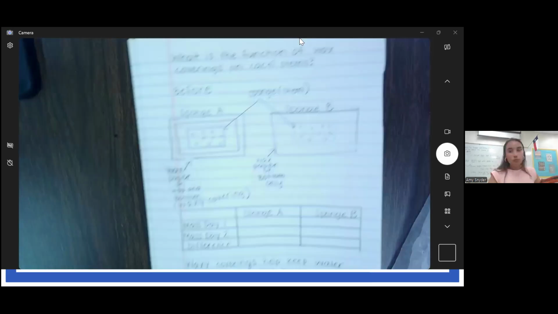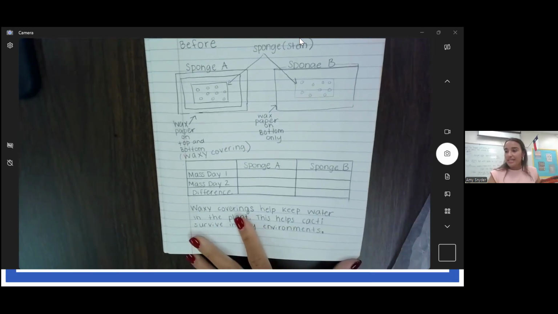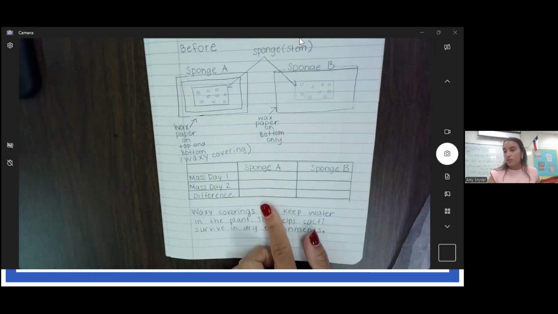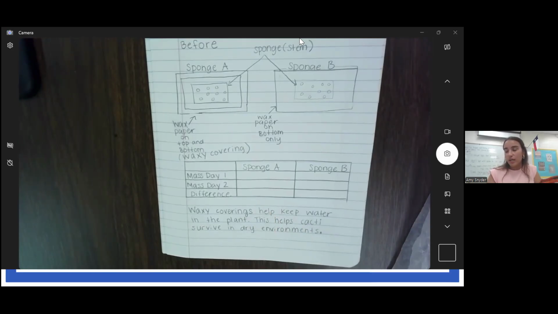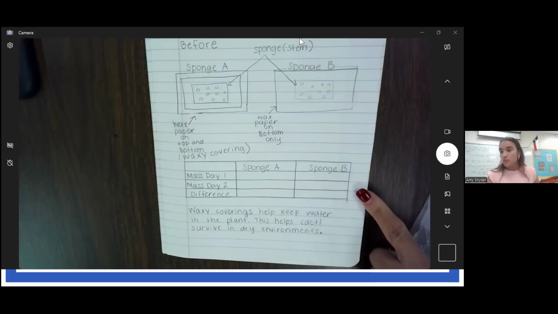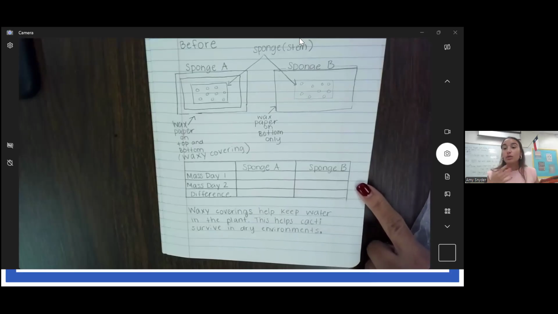They would then record the data table in their notebook. We're going to take the mass of sponge A with the waxy covering on day 1 and the mass of sponge B without the waxy covering on day 1. Then the following day, we'll take the masses on day 2 and find the difference. This would be the data table that they would record in their notebooks.